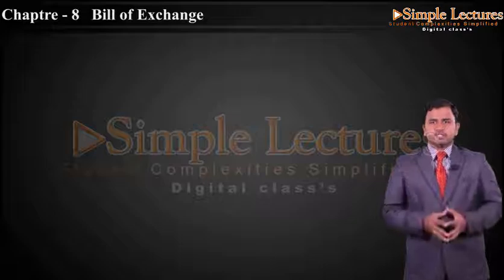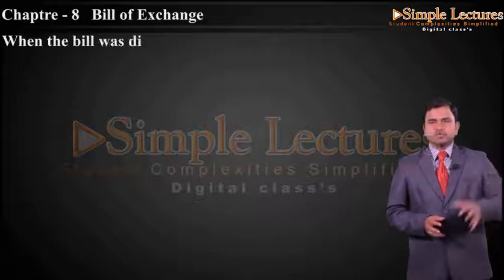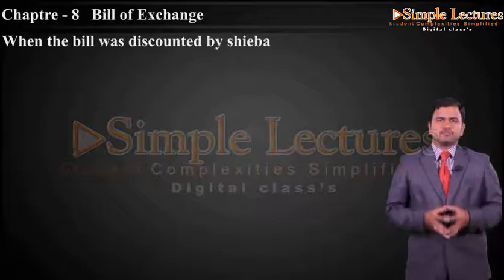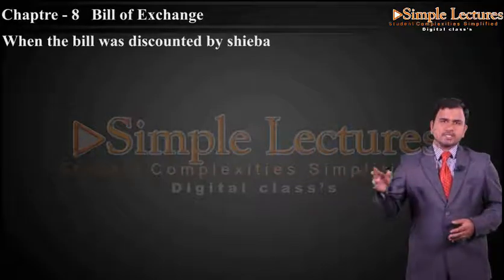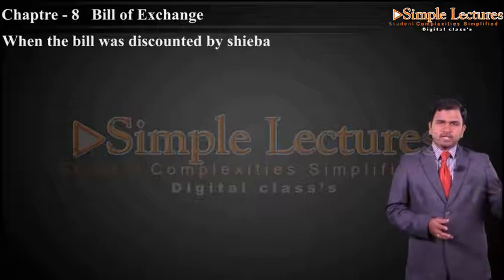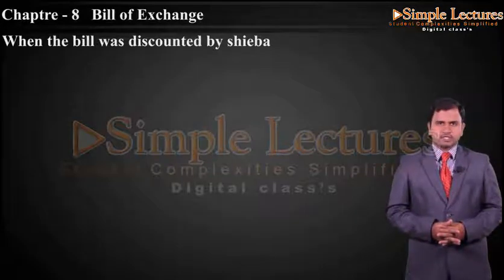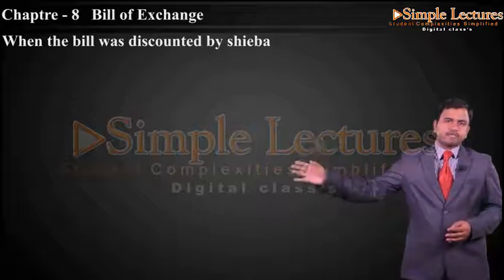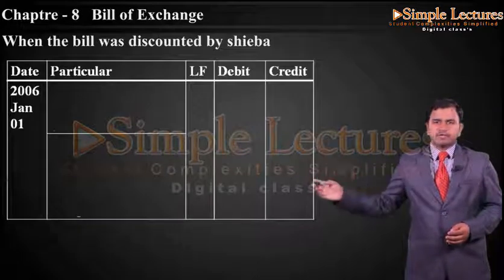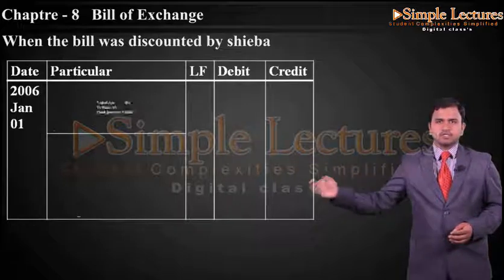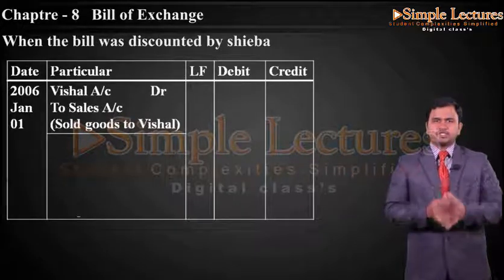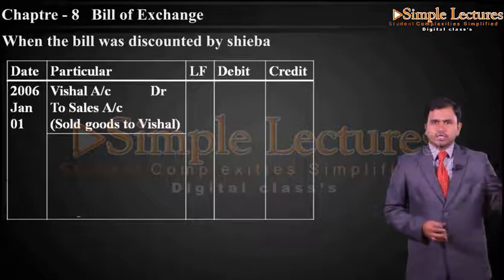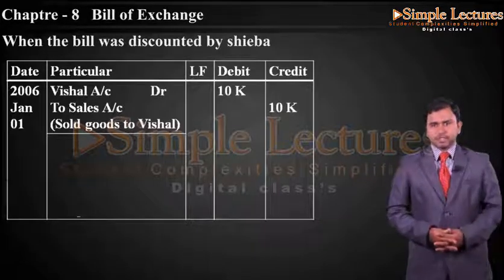So, coming to case 2, when the bill was discounted by Sahiba. Here the first entry as usual we are going to show for the credit sales, the second entry will be for the acceptance, and the third entry will be for bill discounted. When coming to the credit sales, the entry remains the same here, again Jan 1st, and the entry will be Vishal account debtor to sales account, narration being goods sold to Vishal on credit, 10,000 debit and 10,000 credit.